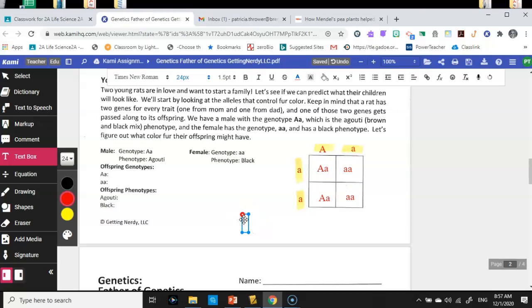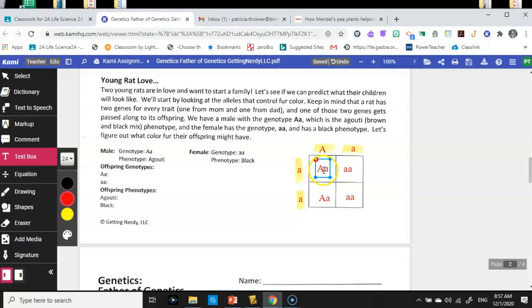Same thing here. So these are the potential offspring that you could have with this pairing of these two parents. So what does that mean with fur color? If you look over here, the genotypes, again, remember we've got two genotypes here on the offspring. We've got this one, and then we have this one. And it's asking you what percentage will occur. So this is 100% of the possible offspring, and it looks like 2 out of 4 are going to be this genotype, and 2 out of 4 will be this genotype.